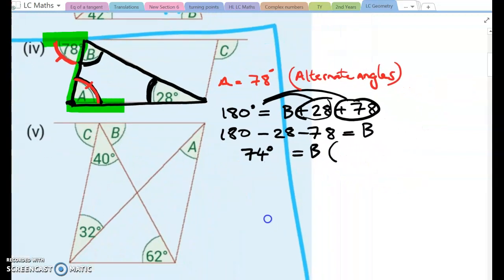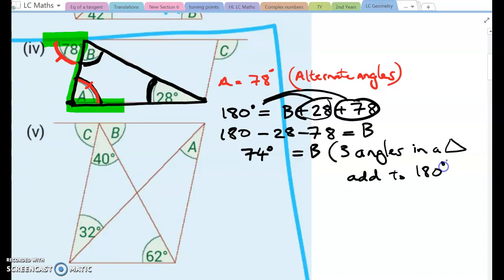And we can explain that by saying three angles in a triangle add to 180. Okay, we're just explaining where we got these answers from. So we found what A is, 78, by using alternate angles. We found what B is by adding up the three angles in a triangle.